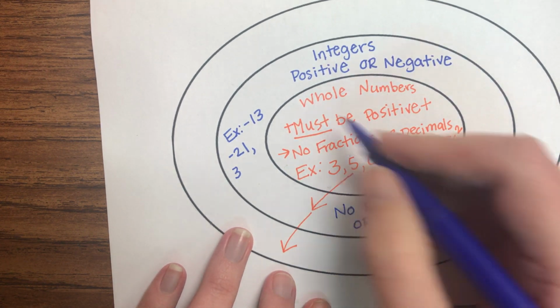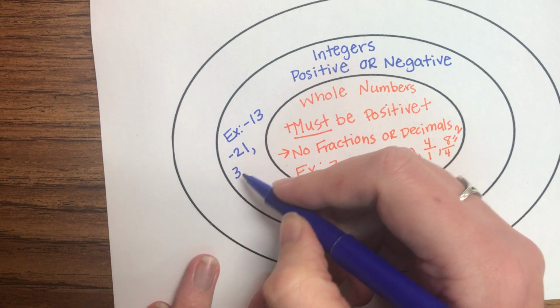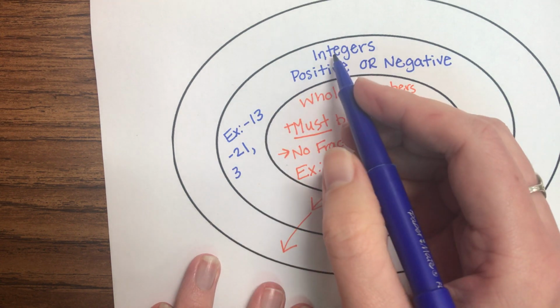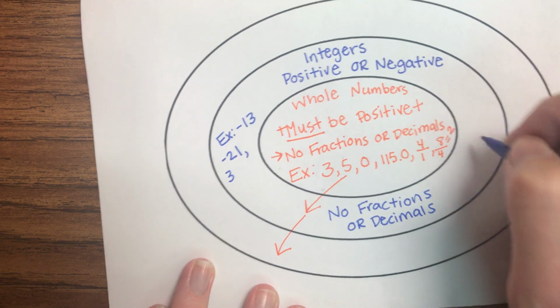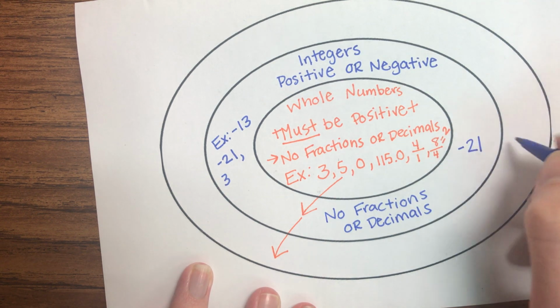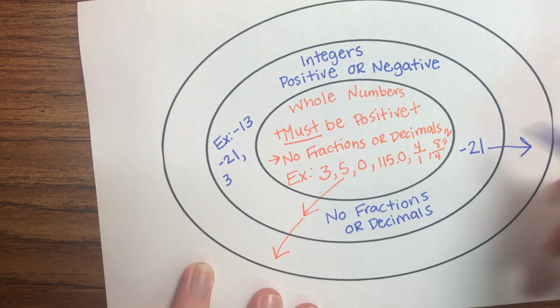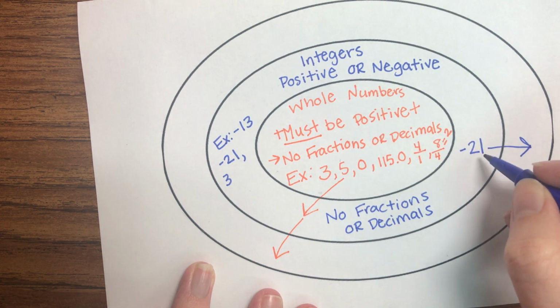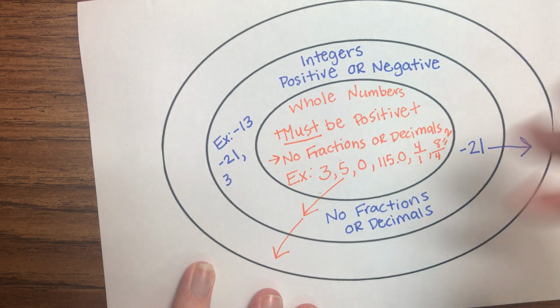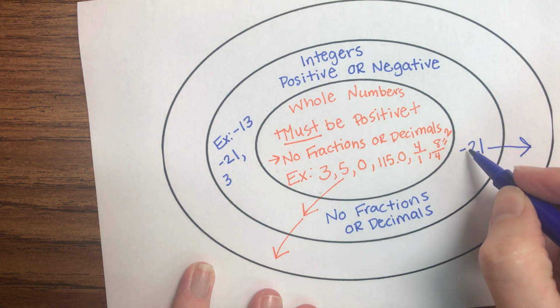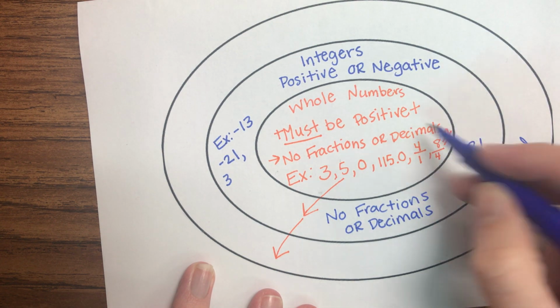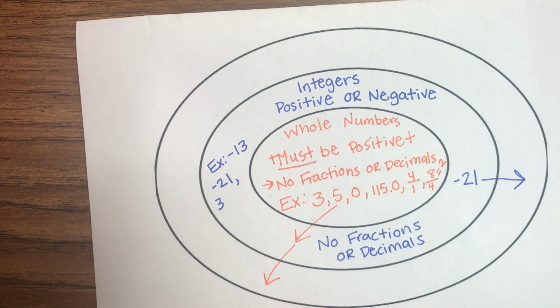If I have an integer like negative 21, it's part of my outer ring as well. It's not a whole number because we can't go backwards, but it is my outer ring. We always go outwards because negative 21 can't be a whole number because it's a negative and they can only be positive.